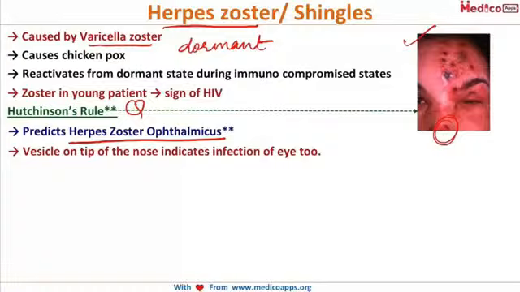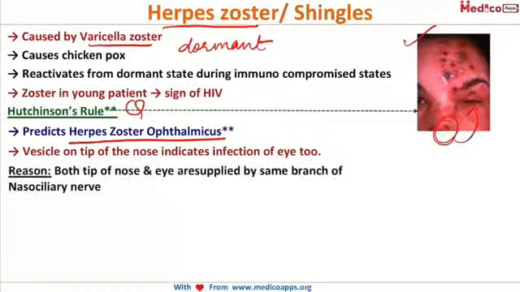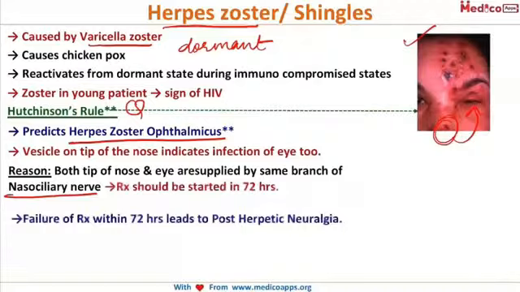Why is that? What is the relation between the nose and the eye? Because both the tip of the nose and the eye are supplied by the same branch, the nasociliary nerve. Nasociliary, nose and your eye. So that is the reason behind Hutchinson's rule, and this condition indicates that you have to start the treatment within 72 hours of diagnosis, and any failure to do this leads to a very painful condition.